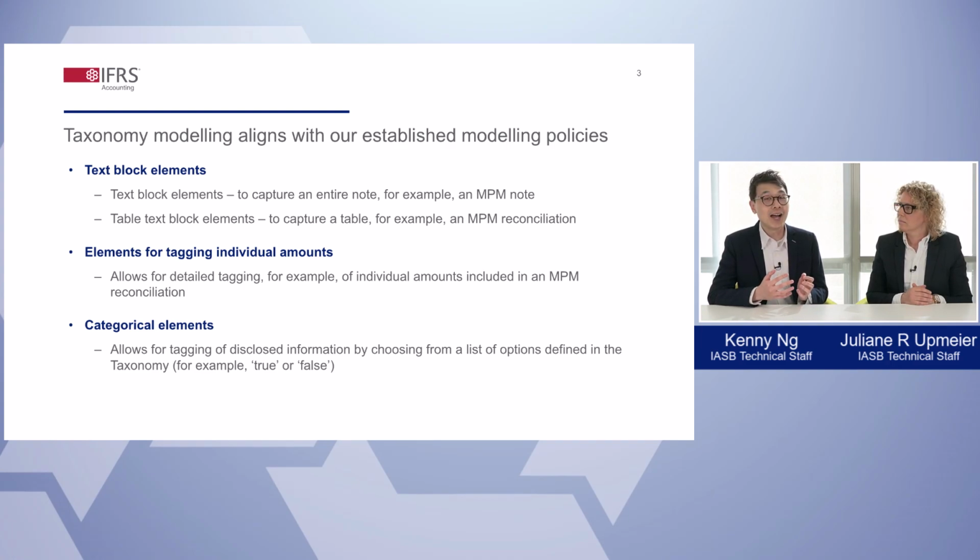The IASB also added elements to the taxonomy so that preparers can tag individual amounts, because we heard from our user stakeholders that having such detailed tagging provides users with useful information. The taxonomy includes categorical elements, which allows preparers to tag disclosed information by choosing from a list of options that have been defined in the taxonomy, such as true or false.